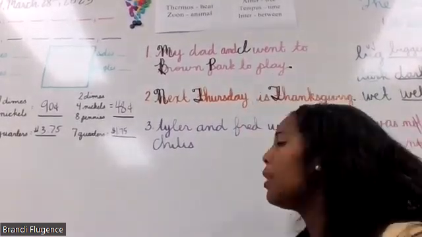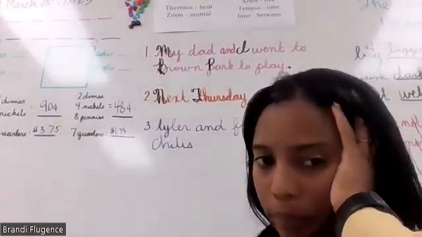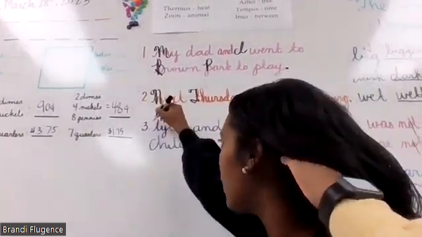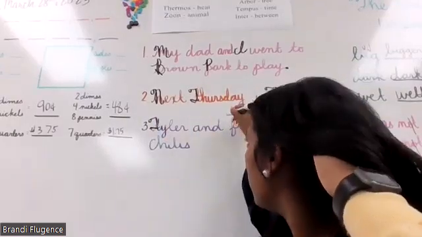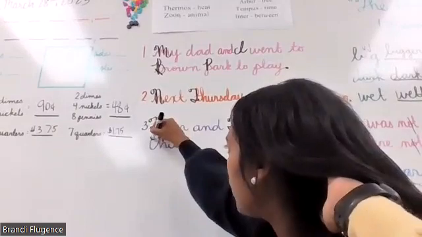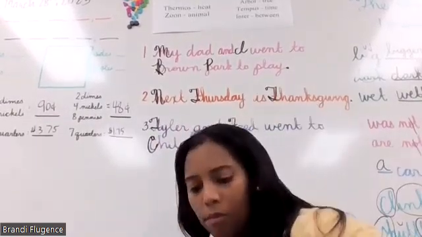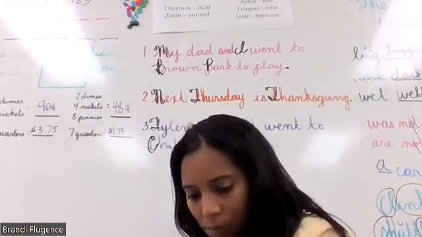Number three, Tyler and Fred went to Chili's. How would I write that one correct? Capitalize the T in Tyler. F in Fred. C in Chili's. How do I finish it? With a period. Good.